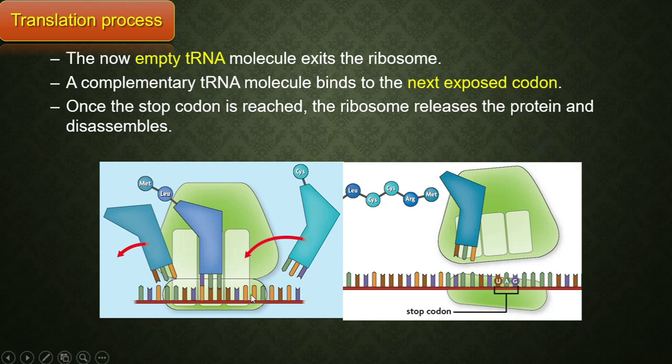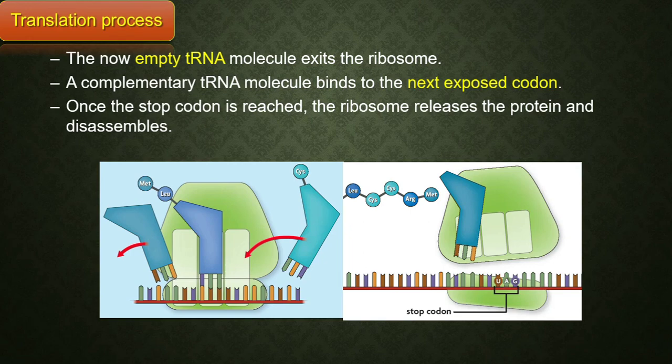And here, guys, the exposed codon can attract transfer RNA with a different amino acid to bind to the previous amino acids, and so on. Once a lot of amino acids are binding together with a polypeptide bond, we have a long chain of amino acids. And finally, guys, once the stop codon is reached, the ribosome can release the protein and disassemble.